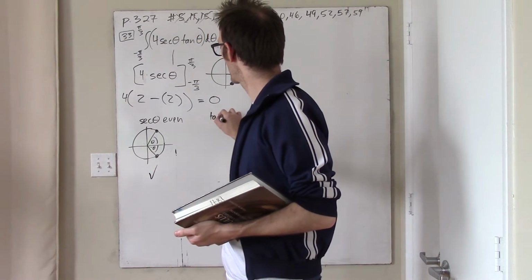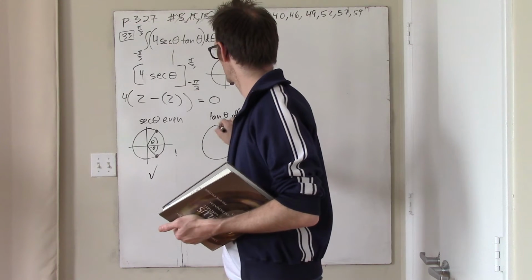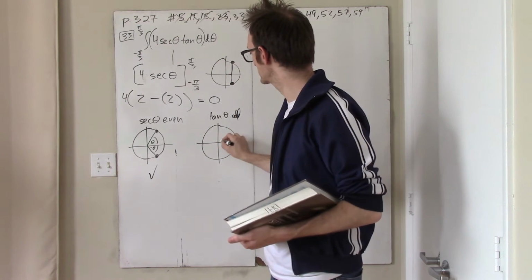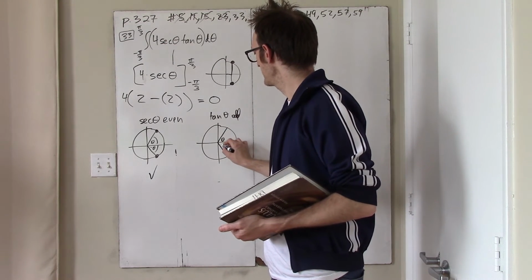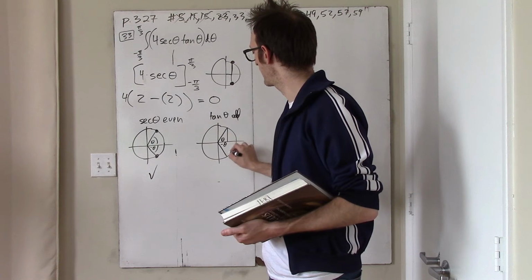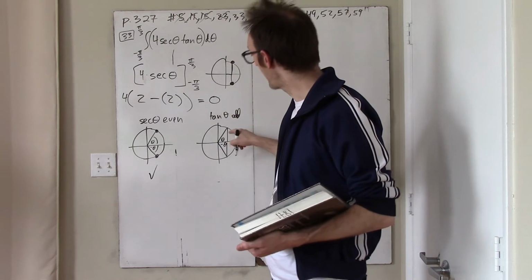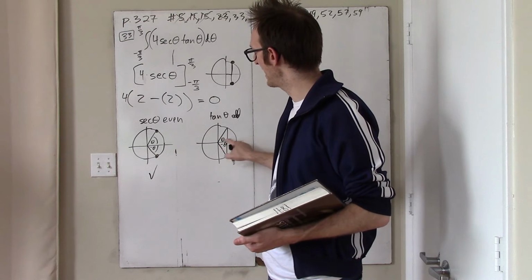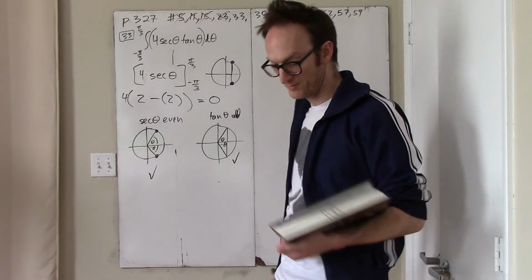But of course, tan theta is odd, as we all know, and a similar picture will suffice: if this is theta and this is negative theta, then we are taking y over x, and in this case it will be positive, and in this case it will be negative. The same numbers but opposite.